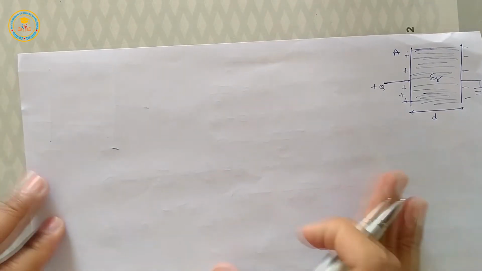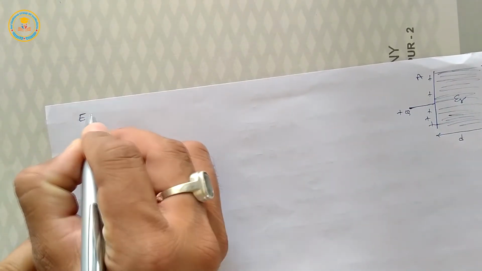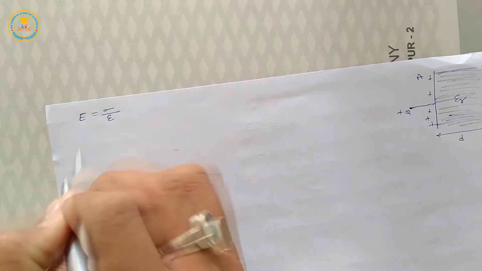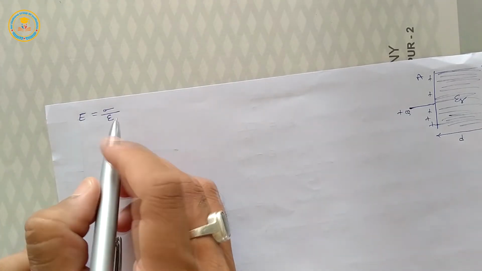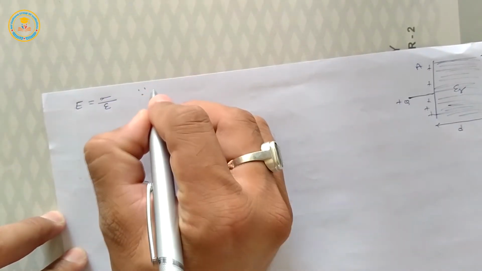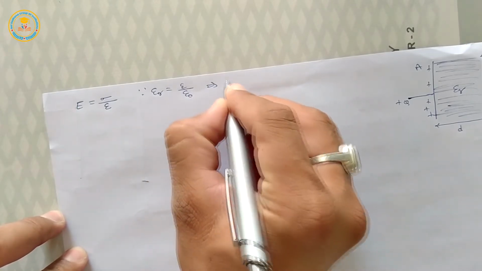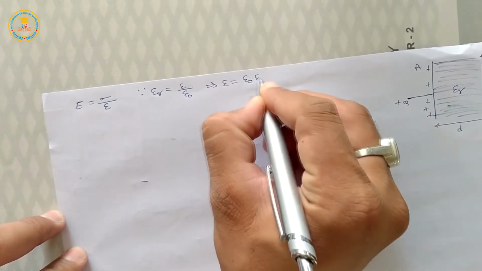Then the resultant electric field between the plates E is equal to sigma upon epsilon. Here epsilon is the permittivity of the medium. Since epsilon r is equal to epsilon upon epsilon naught, epsilon is equal to epsilon naught epsilon r.